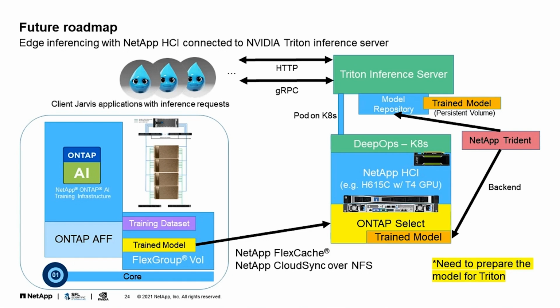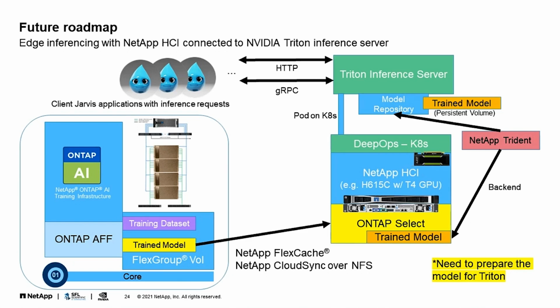And for regional, you can use NetApp HCI to deploy a lighter edge hardware footprint. Here we show it on the right-hand side. You have NetApp HCI with T4 GPU, and we have ONTAP Select, which is a software-defined architecture to help you move data with NetApp FlexCache or Cloud Sync over NFS.